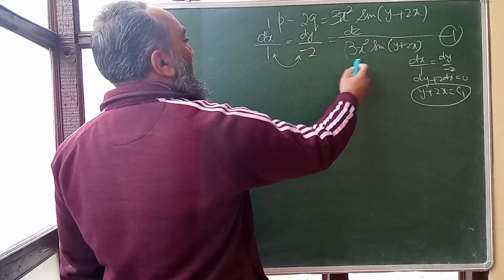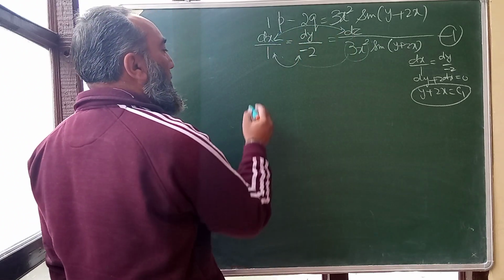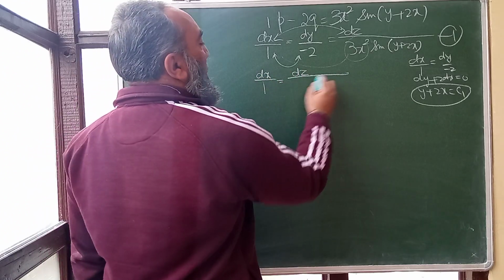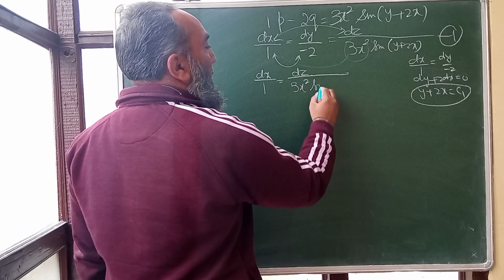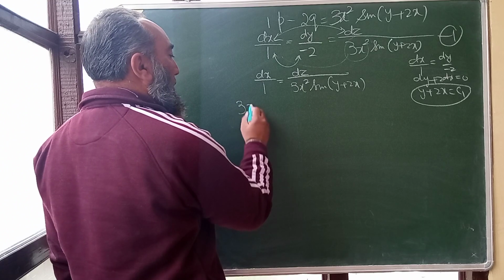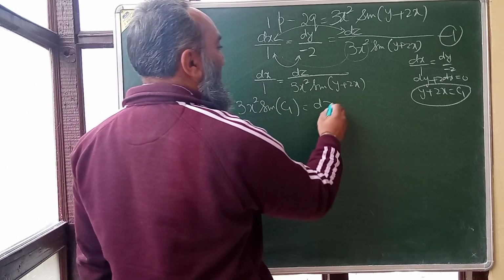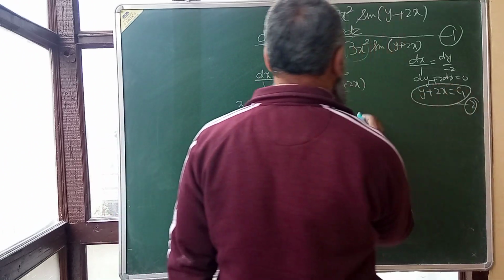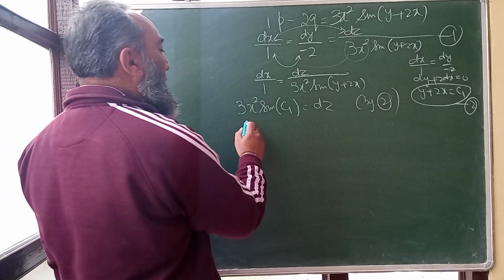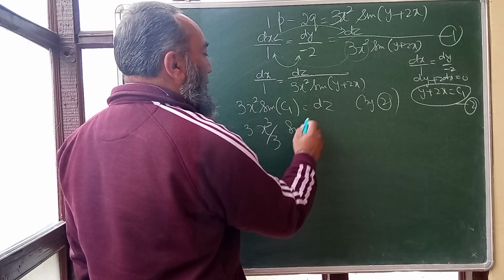Now 3x square will combine with dz only, so taking the first and third fraction together, I will have dx by 1 equal to dz upon 3x square sine of y plus 2x, or 3x square sine of c1 equals dz. Now integrate: x cube sine of c1 equals z plus c2.